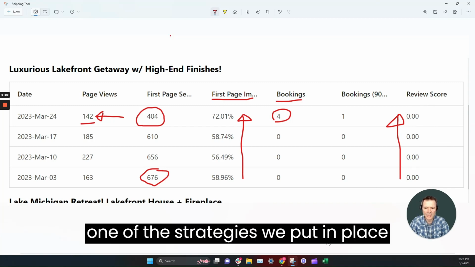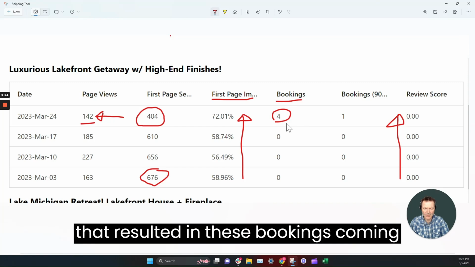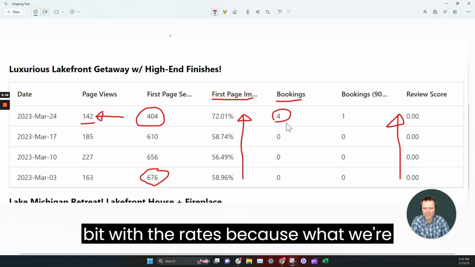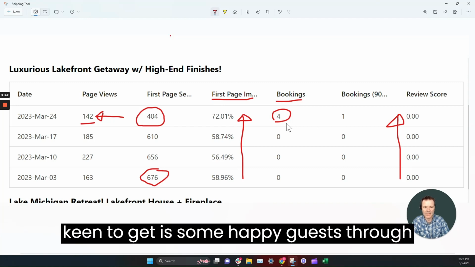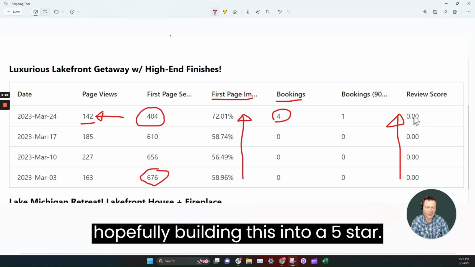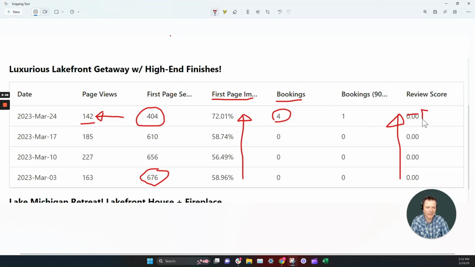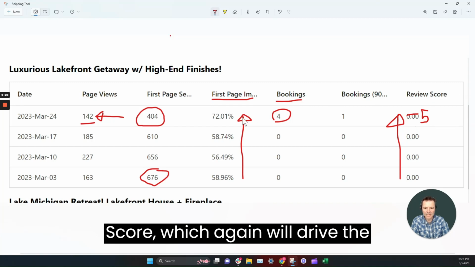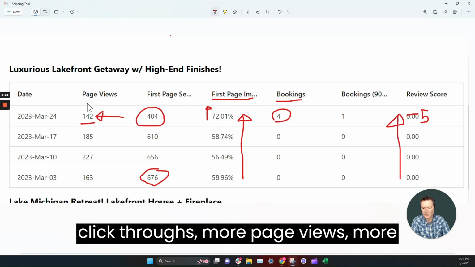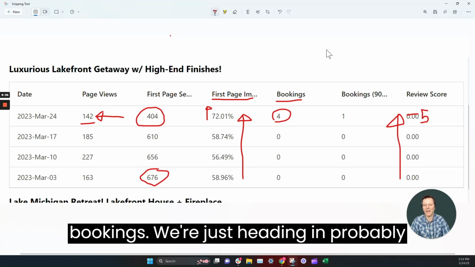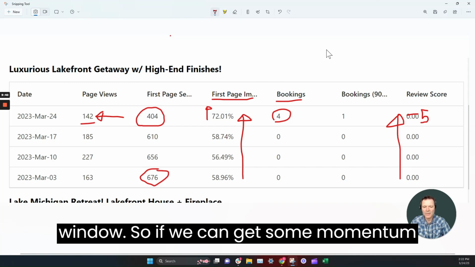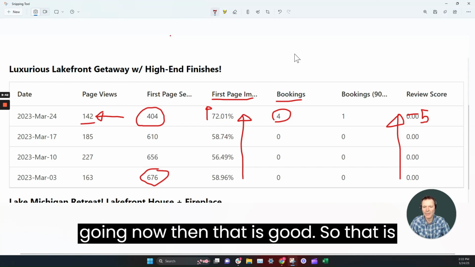So one of the strategies we put in place that resulted in these bookings coming through is we did start to play a little bit with the rates, because what we're keen to get is some happy guests through the property, having a great time, hopefully building this into a 5-star score, which again will drive the flywheel: first page impressions, click-throughs, more page views, more bookings. We're just heading in probably 60 days away from the prime booking window, so if we can get some momentum going now, then that is good.